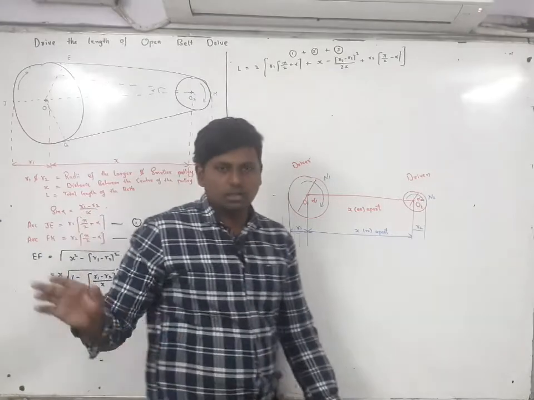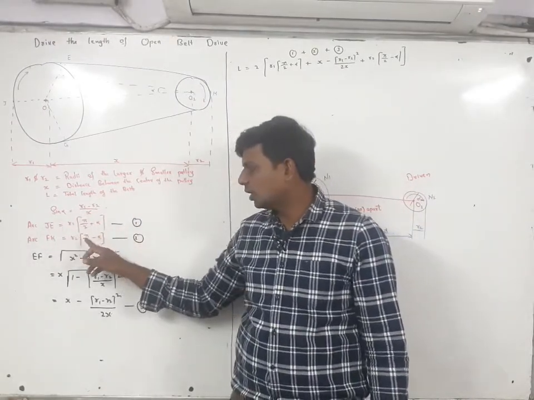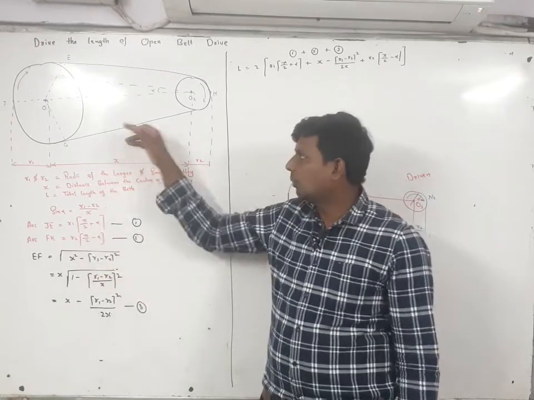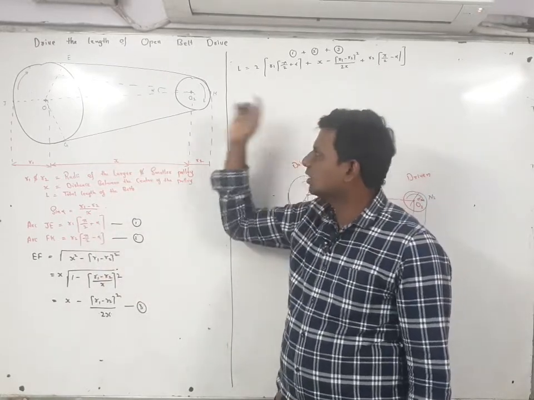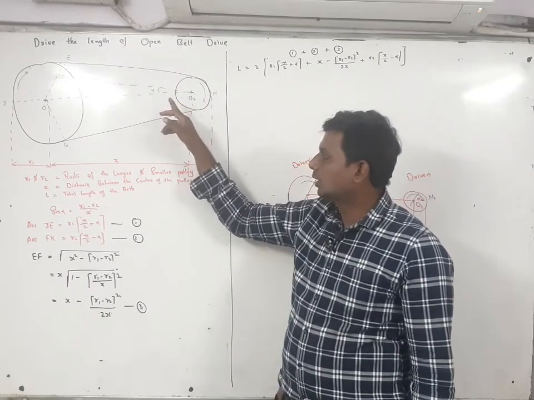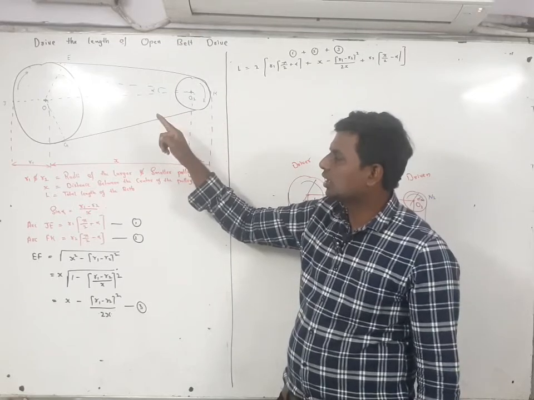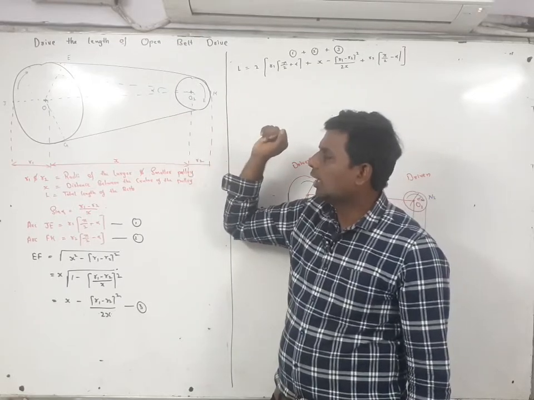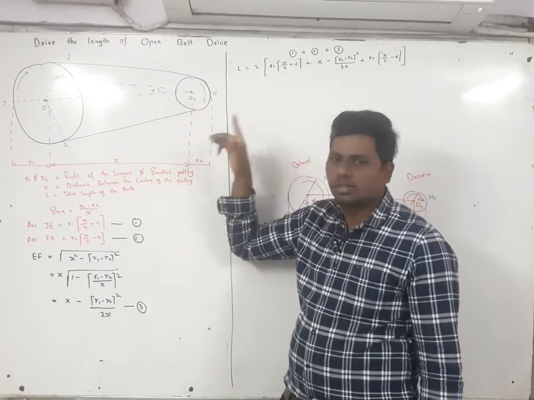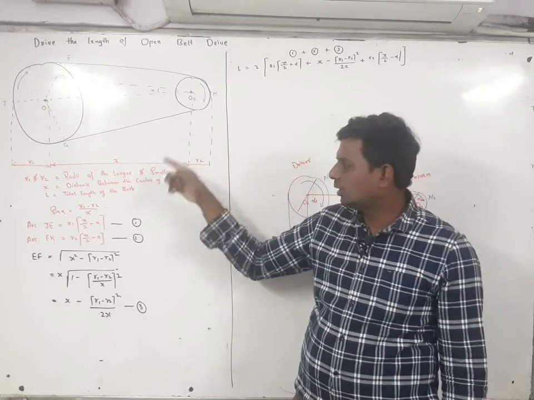First you consider the driver pulley; for the driver pulley this equation will be generated, and for the driven pulley this equation will be generated. With the help of simplification of angles, using sin theta equal to opposite by hypotenuse, cos theta equal to adjacent by hypotenuse, and tan theta equal to opposite by adjacent, you will easily get the equation.